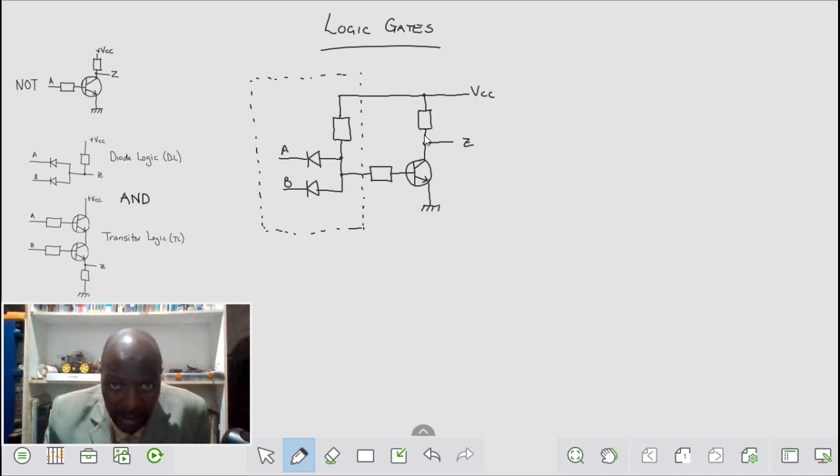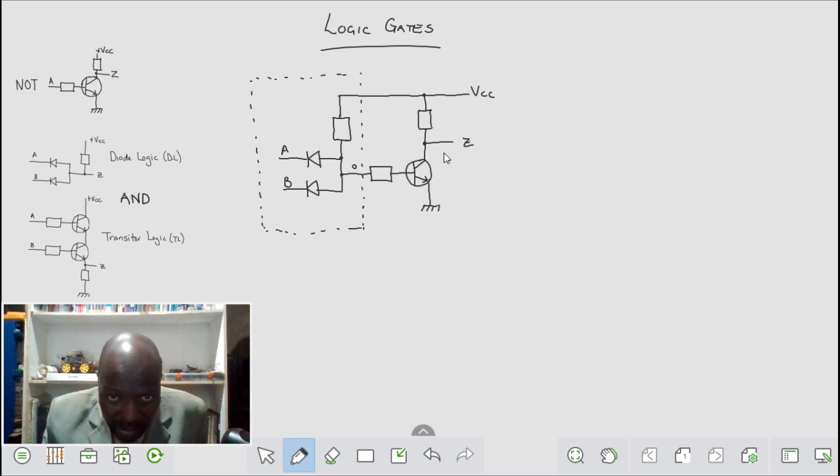And then that there, as you can see, is obviously our NOT gate. Now if we have 0 0 here, the diodes would pull the input to 0. The inverter will say, okay, it is open circuit, so I'm pulling power from VCC.